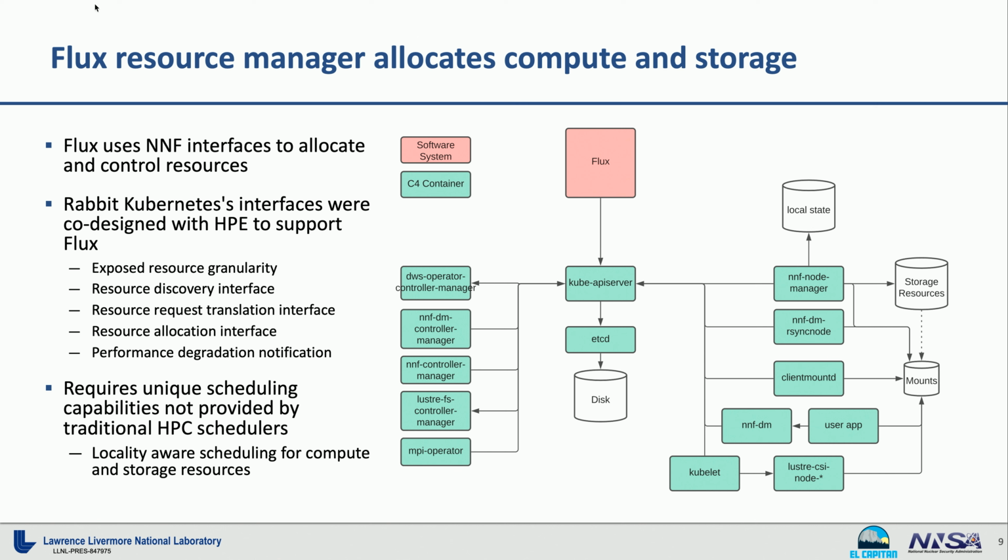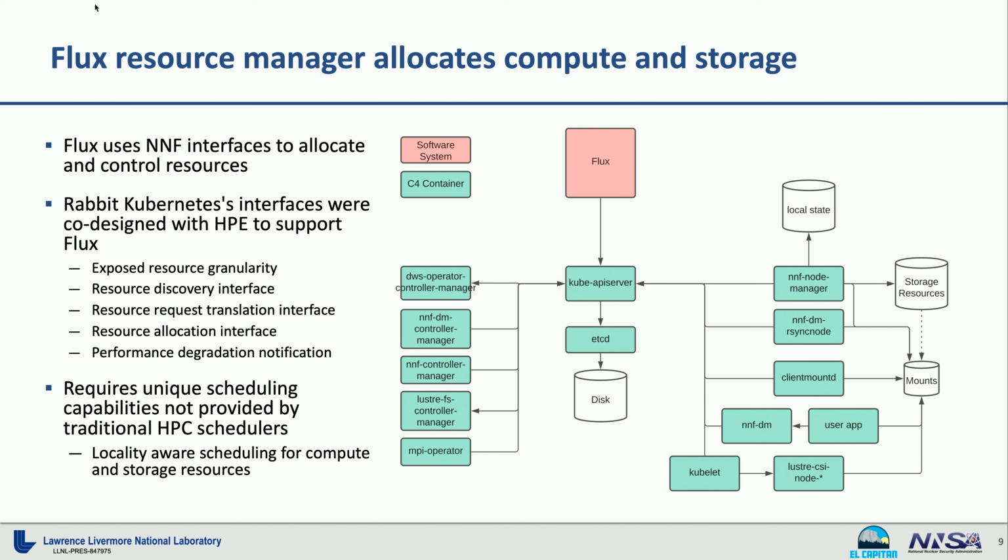This is a resource manager similar to Slurm or something else. It's newer, and it was created intentionally for scenarios like this, where a system has heterogeneous resources. And in this particular case, the main challenge is that these rabbits are in the compute chassis, and some of these use cases that we're talking about are locality dependent.